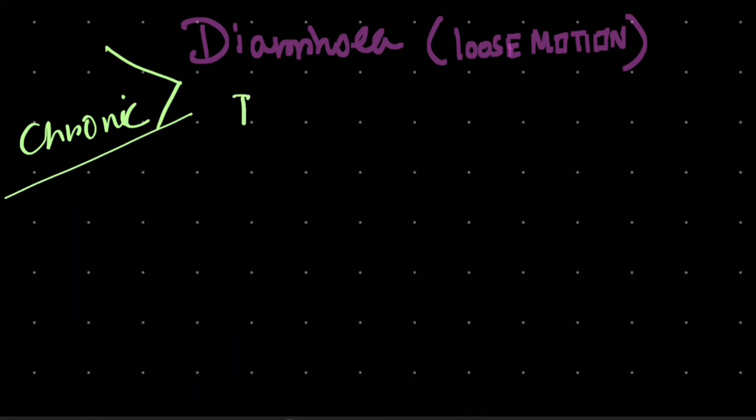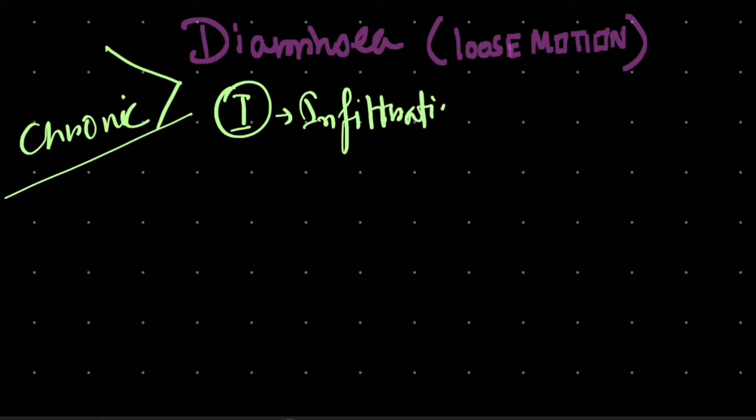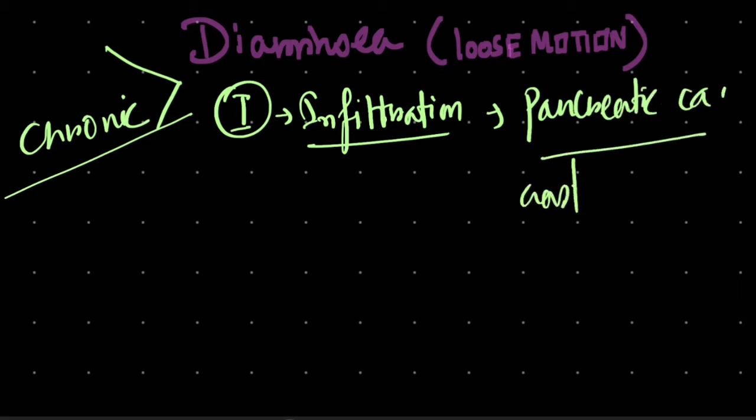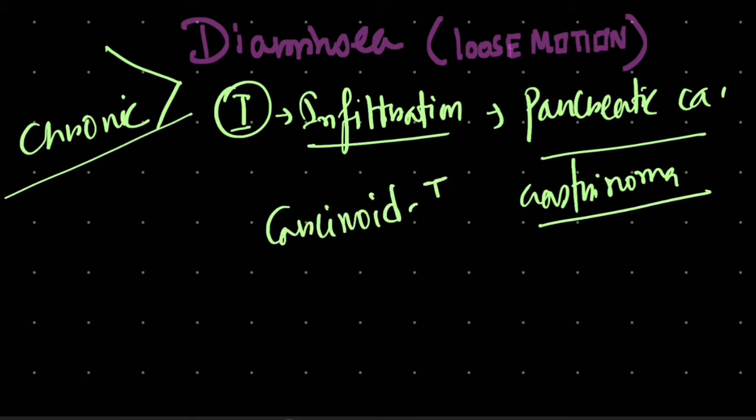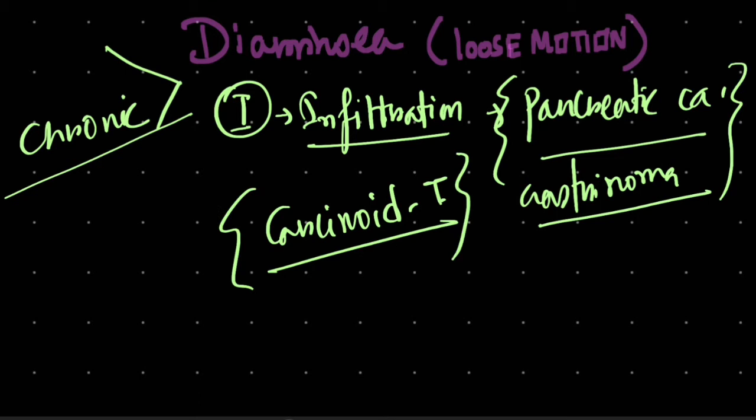Next comes the cause infiltration. What do we mean by infiltration? It occurs in carcinomas like pancreatic carcinoma, gastrinoma, or carcinoid tumor. These are conditions where there is cellular metastatic infiltration, which can lead to chronic diarrhea.